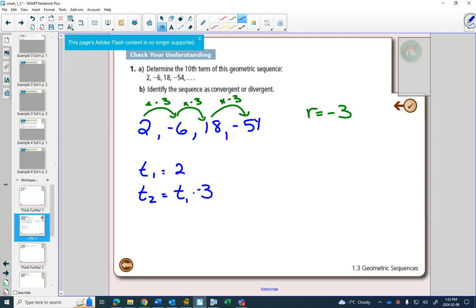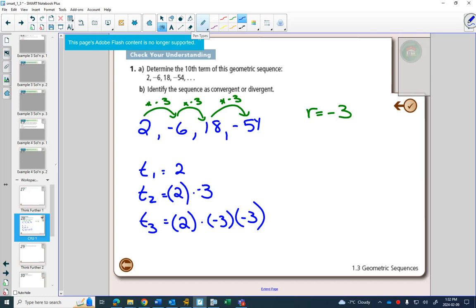So I could even write 2 there, 2 in brackets. And then term 3, we would multiply by -3 again. Can you see that if you multiplied by -3 again, it's like multiplying by -3 squared.